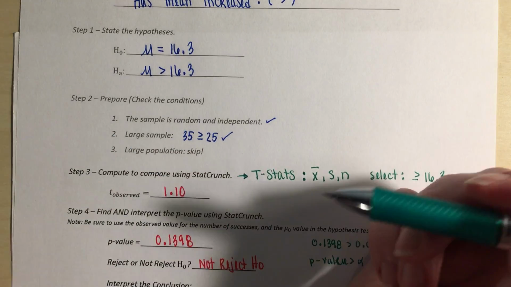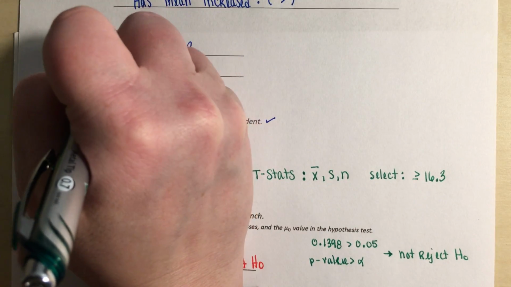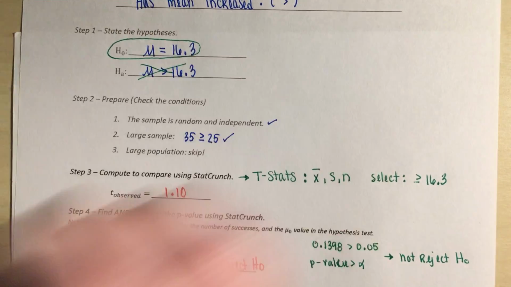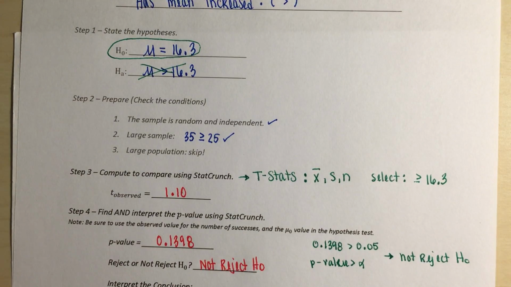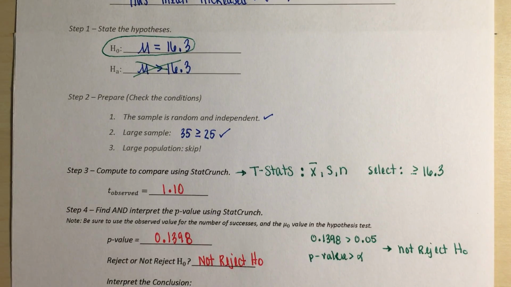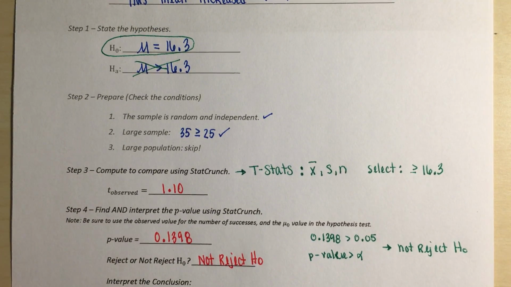So if we go up to our pair of hypotheses, we don't reject our null hypothesis. So we're going to circle that one, cross off the other one. And our question, we were originally asked, do we have evidence that the mean years has increased?